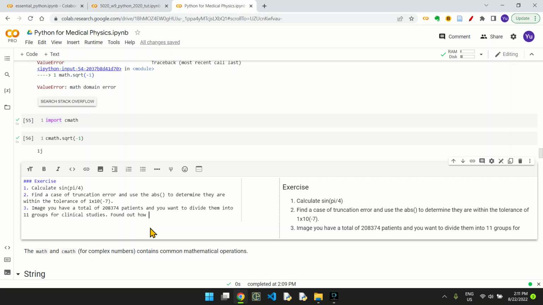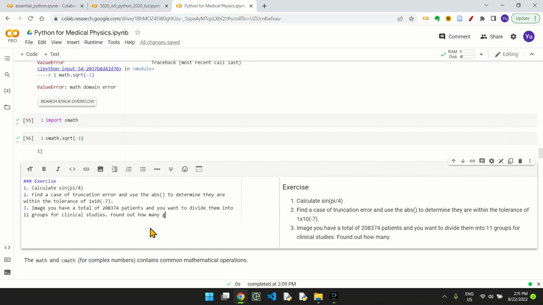Find out how many groups, or how many patients per group, and how many remainders in the last group.